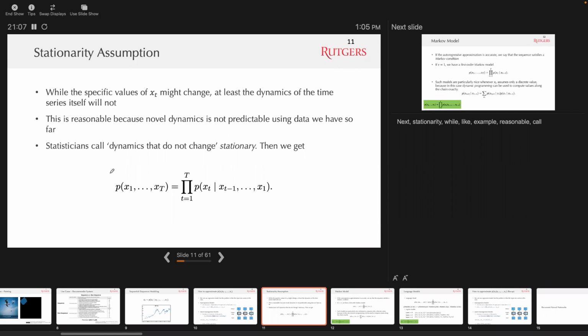So, for example, p of x1, x2, x3 is going to be equal to p of x1 times p of x2 given x1, and times p of x3 given x2 and x1.